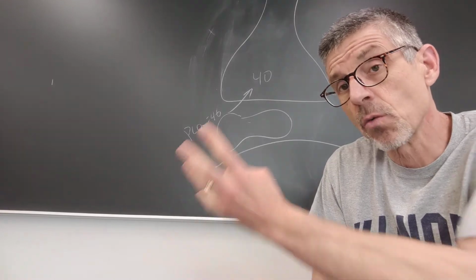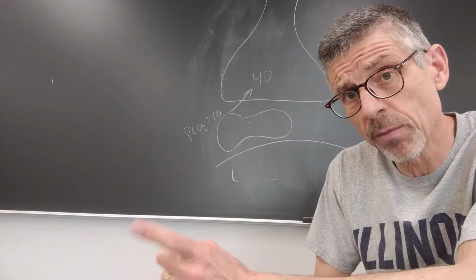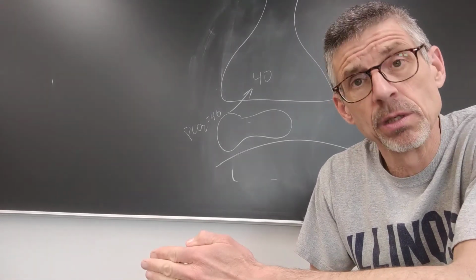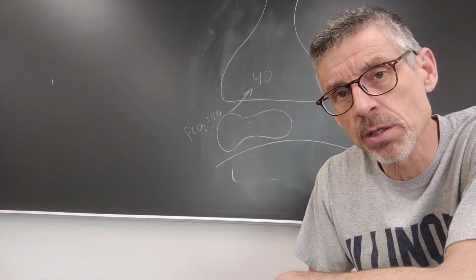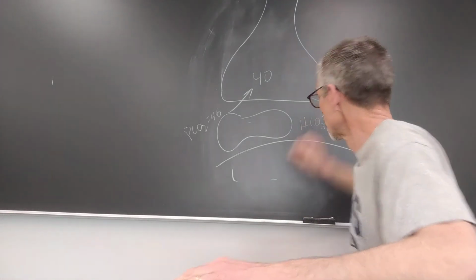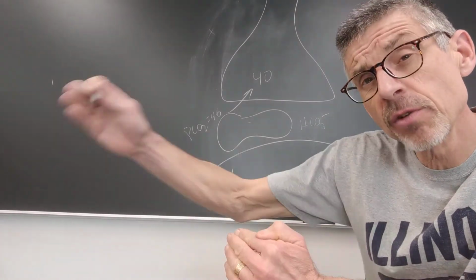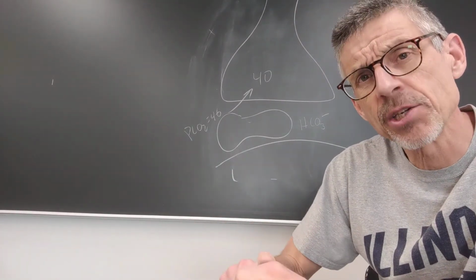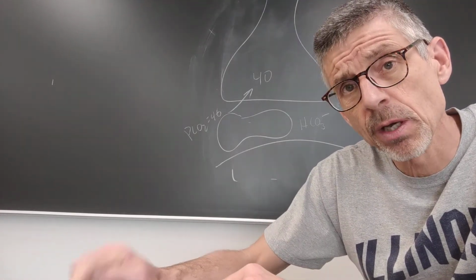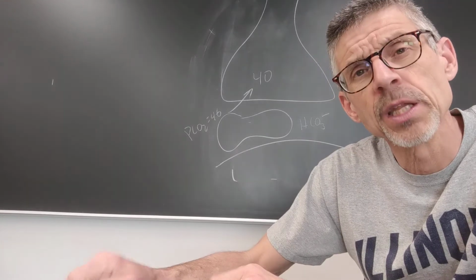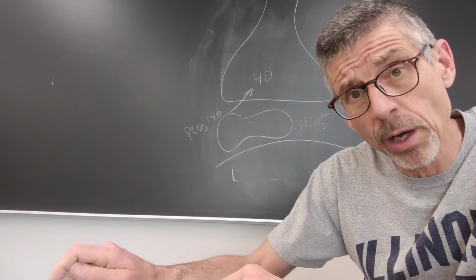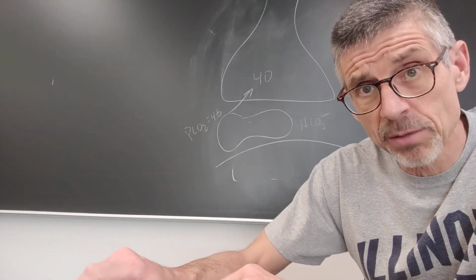60% of the carbon dioxide is arriving to the lungs in the bicarbonate form, in the ion. It needs to be converted back to carbon dioxide, to gas, to allow for diffusion across these membranes. As carbon dioxide starts diffusing out of the plasma, the reverse reaction occurs in red blood cells. The bicarbonate moves into the red blood cell, combines with protons, in the presence of the same enzyme, carbonic anhydrase, now forming water and the poorly soluble gas CO2.